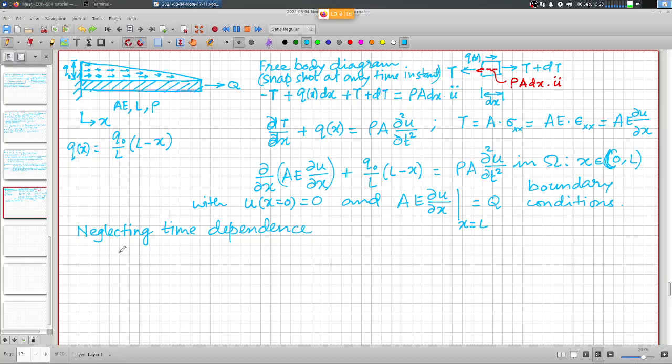So neglecting the time dependence, the governing differential equation will now reduce to an ordinary differential equation.